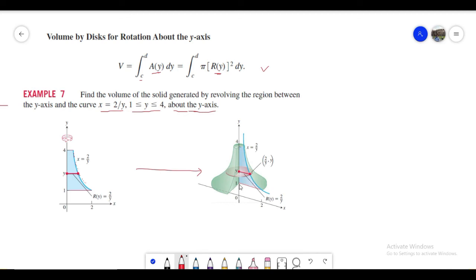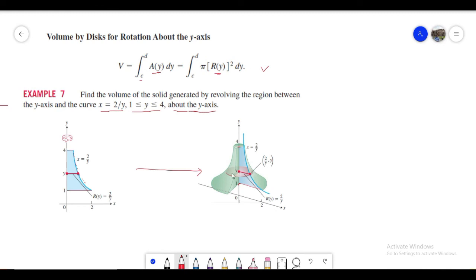So this is moving from 1 to 4, and the curve is x is equal to 2 by y. Of course, an ordered pair is written in terms of x comma y.